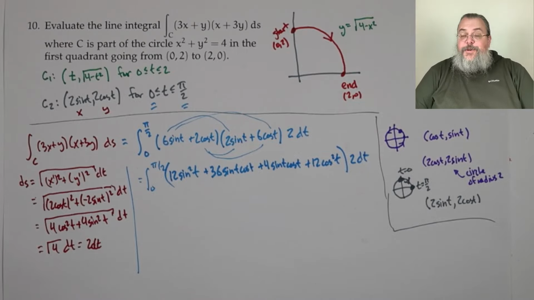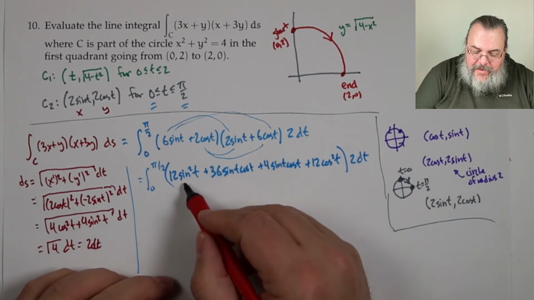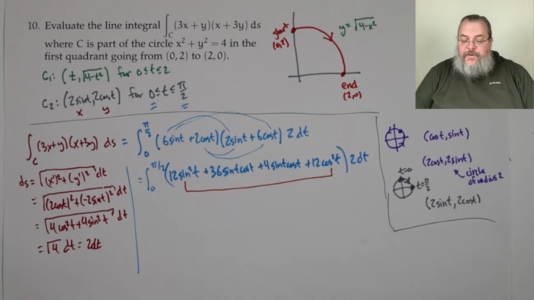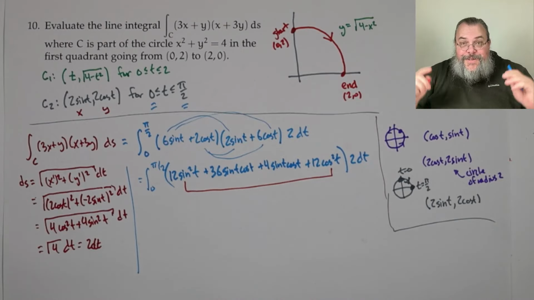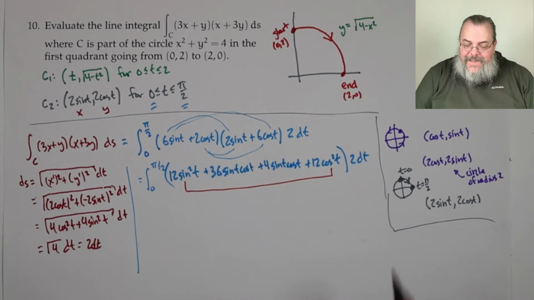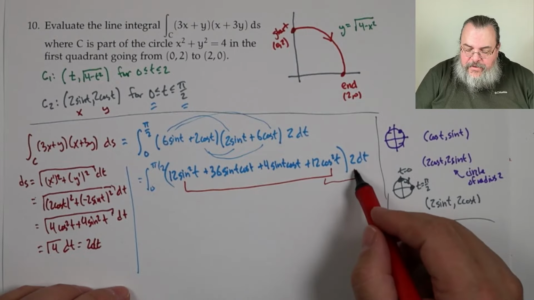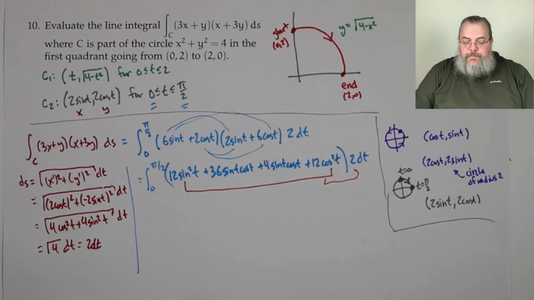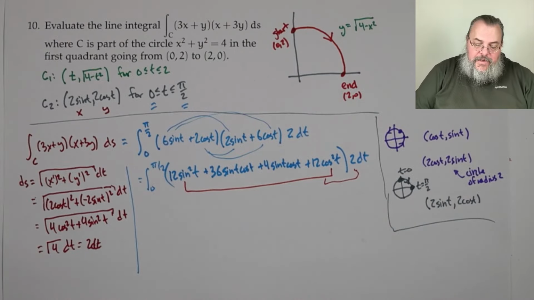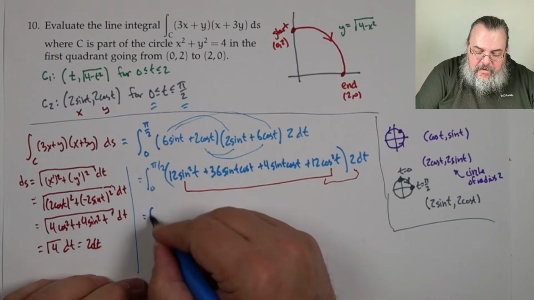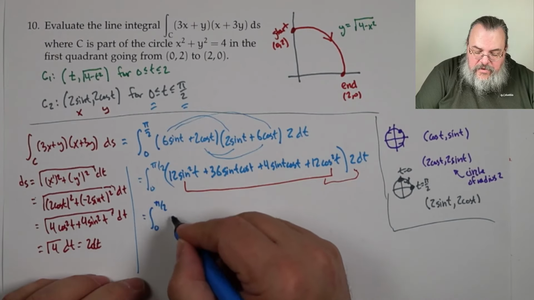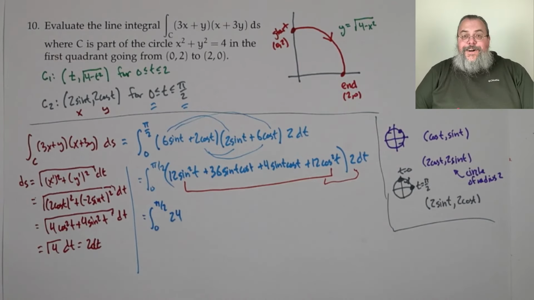Okay, so good news here. This 12 sine squared plus the 12 cosine squared becomes 12. And don't forget, add in the 2 as well. So if we take 12 times 2, we get 24.